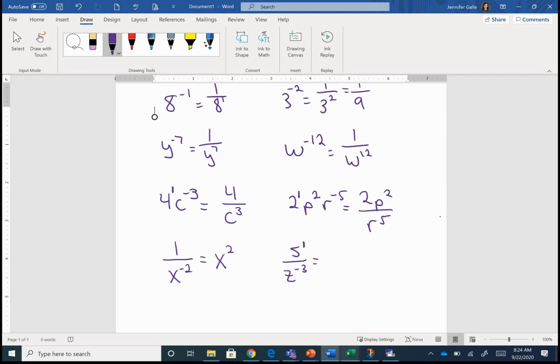She wants to see it on the board. 5 to the first power is positive. So it's going to stay.